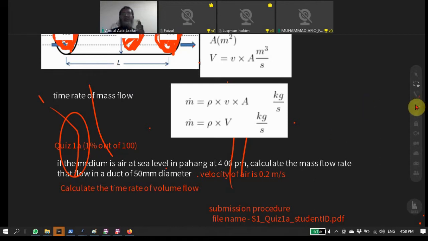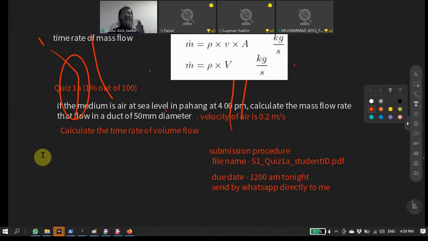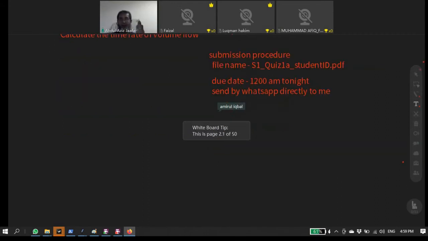Apa pressure kat sea level? Pressure kat sea level berapa? Pandai, pandai. Guna internet. Atmospheric pressure ke Ustaz? Pressure dekat the sea level. Right.